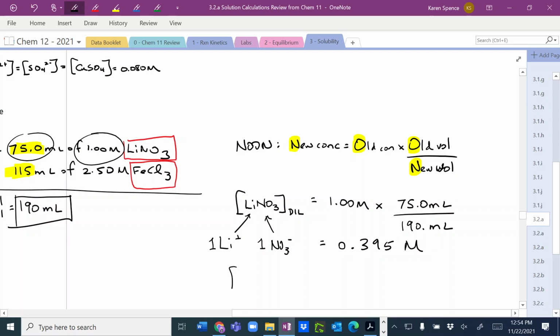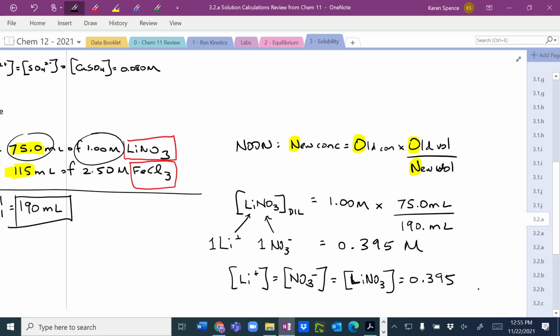So the concentration of lithium and the concentration of nitrate will simply be the same as the concentration of lithium nitrate, which will be 0.395. So far, so good? Okay.